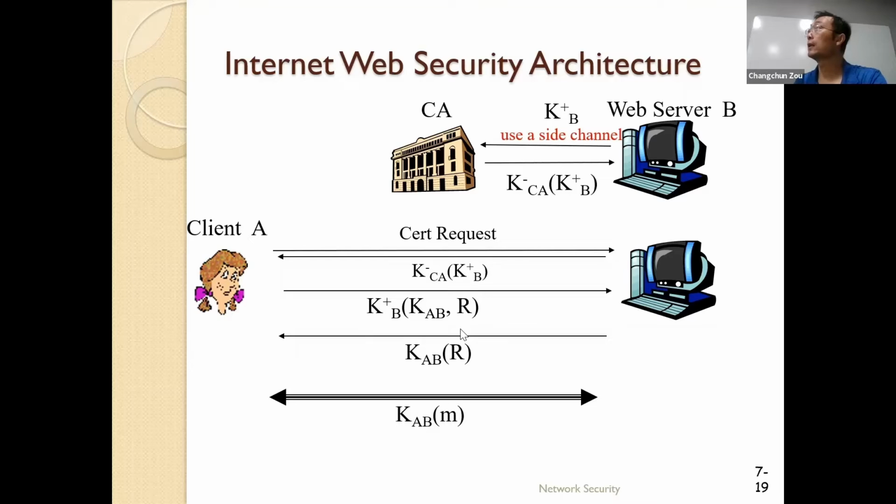Any other questions? Yes. Explain again the difference between the K minus CA, K plus B, and digital signature. So this one, K minus CA encryption of this K plus B, this entire thing is called a digital certificate.